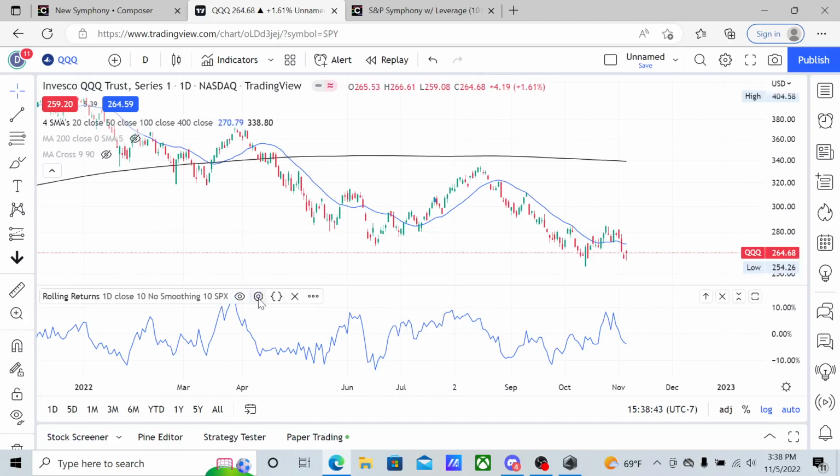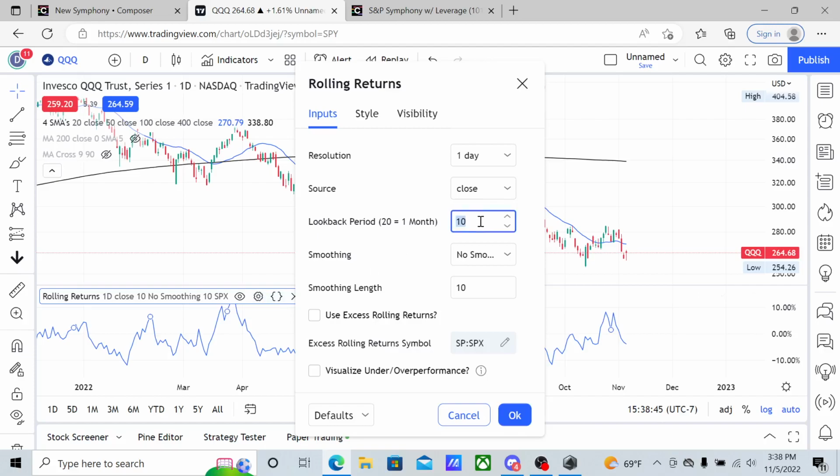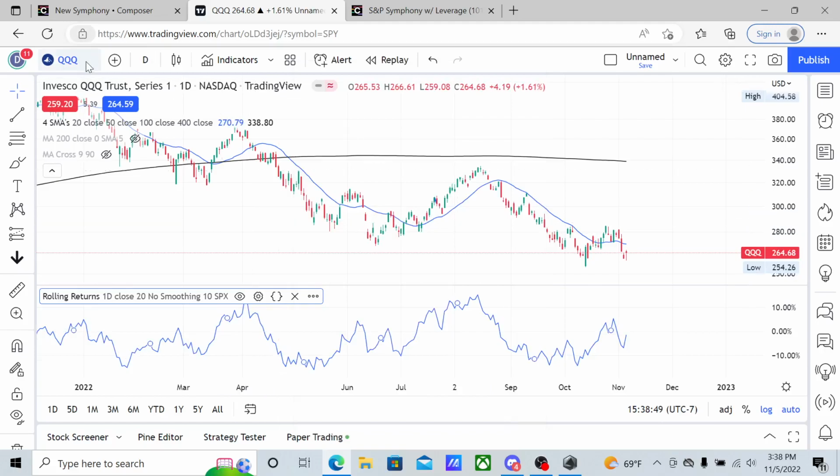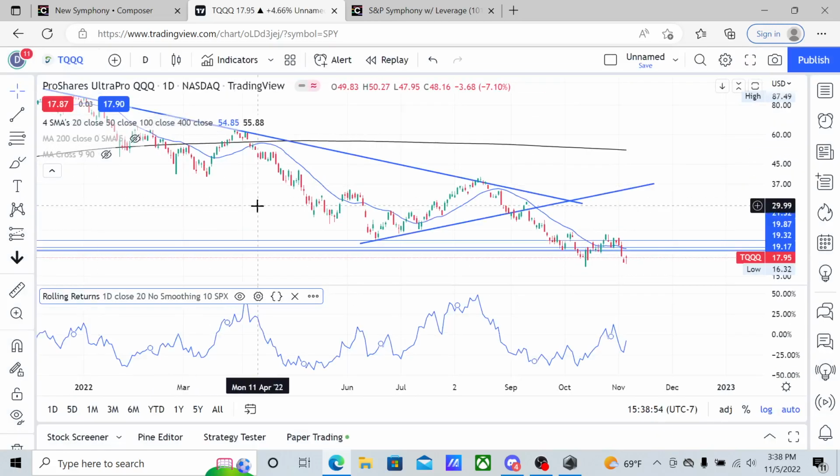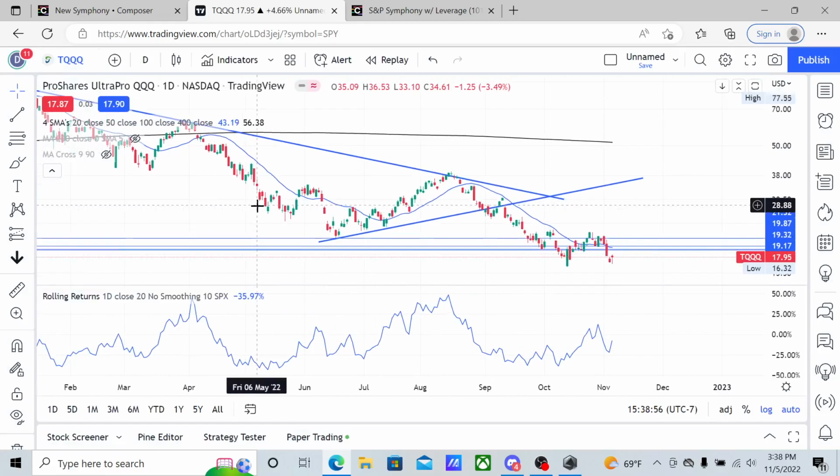You know what, let's just keep it as a 20-day. And I'm actually going to go to TQQQ because I'm more familiar with TQQQ than I am with QQQ. So you could look at these rolling returns and say, all right, if TQQQ, let's say that was the peak, that's 48%.